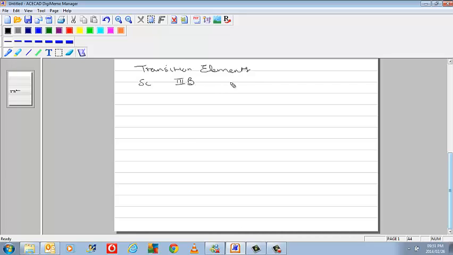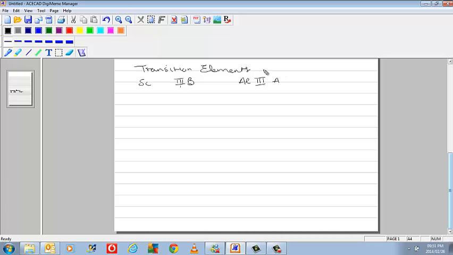Scandium is in group 3B, and we want to compare and contrast it with aluminium from group 3A. It is surprising how similar the transition elements are to their regular elements in the same group.